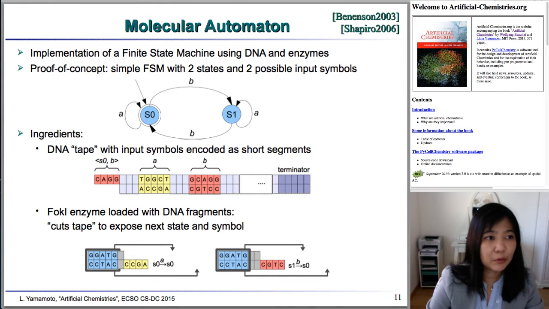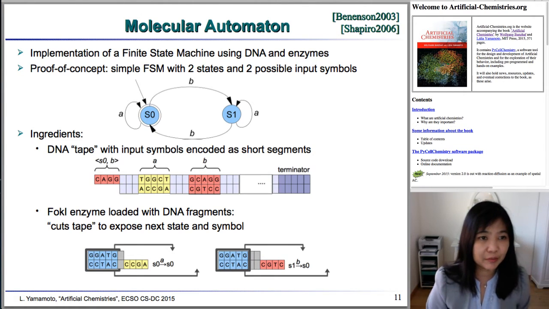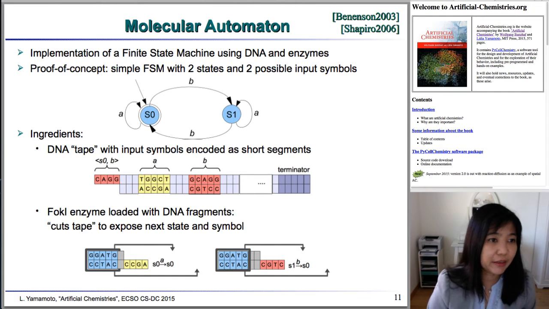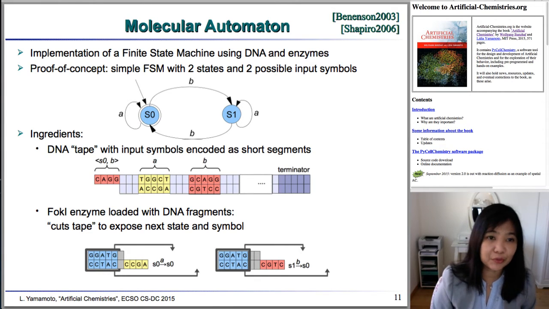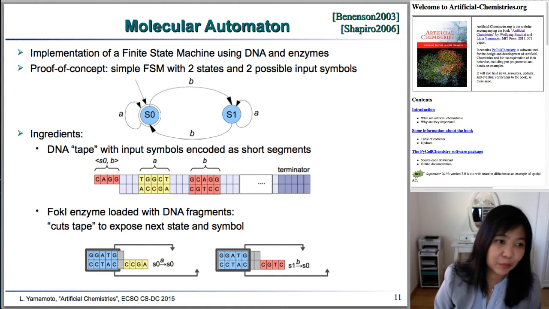As an example, I will turn now to the molecular automaton by Benenson and Shapiro. This is the implementation of a finite state machine using DNA and enzymes. As a proof of concept, the authors implemented a very simple finite state machine with only two states and two possible input symbols, possibly the simplest possible.